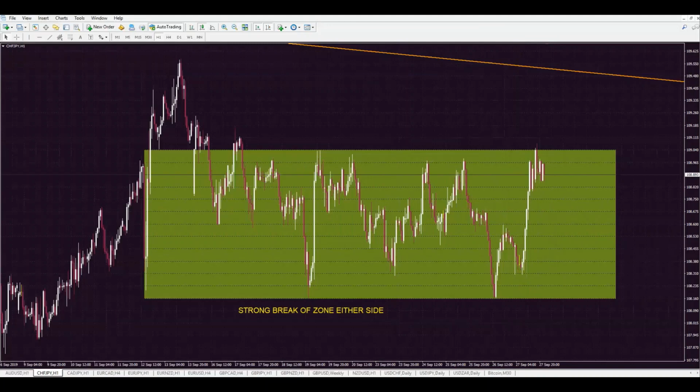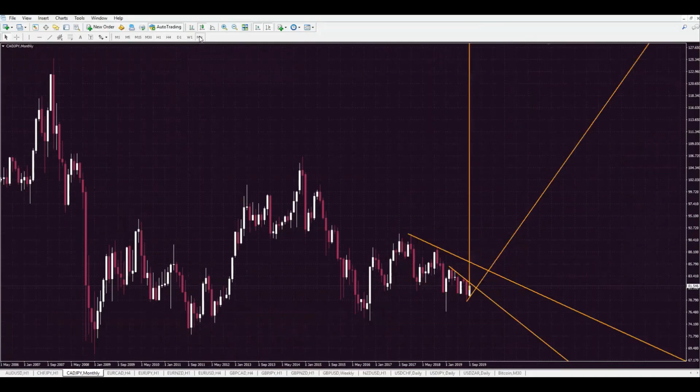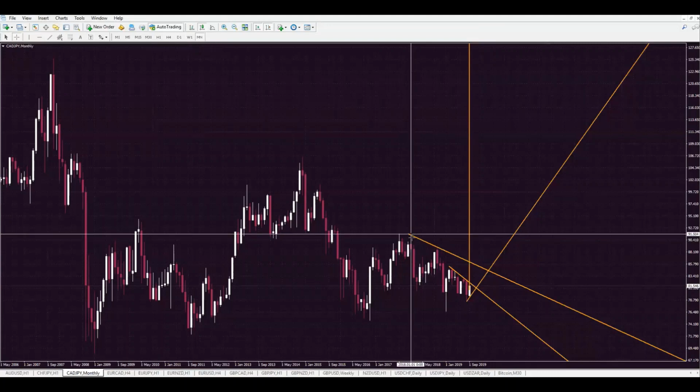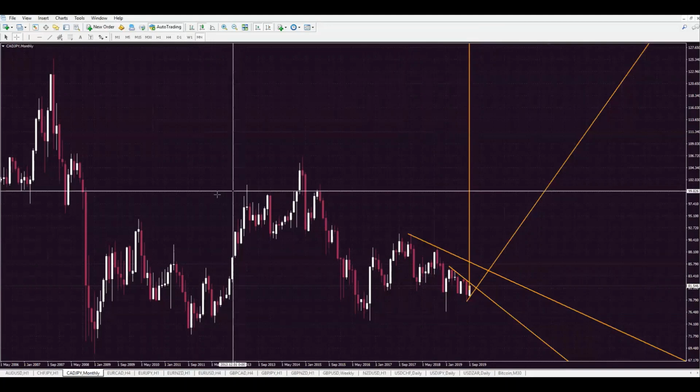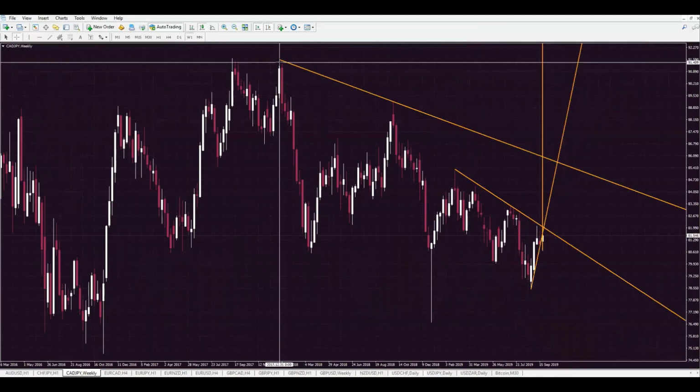Up next, CAD JPY. As usual, we start from the monthly time frame. From the monthly, we can see basically the market is in a downward trend. Weekly, same downward trend.